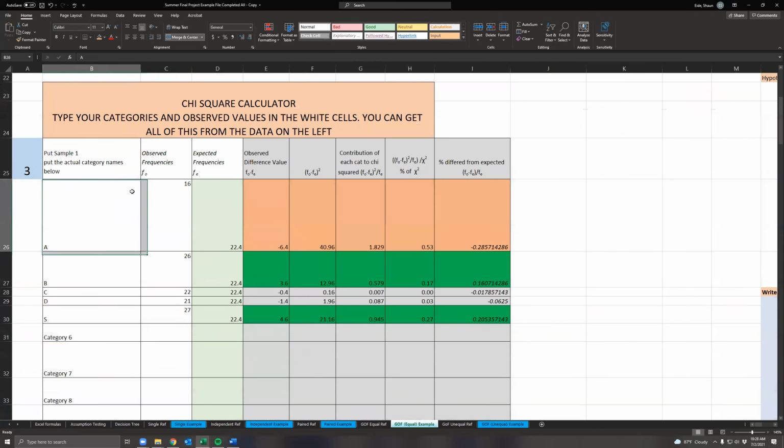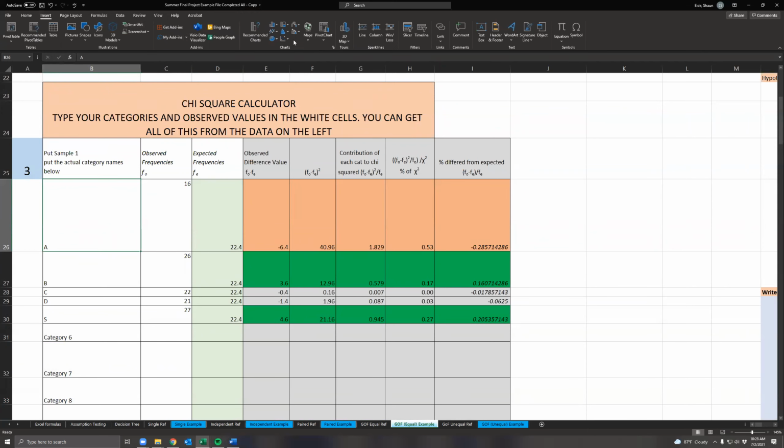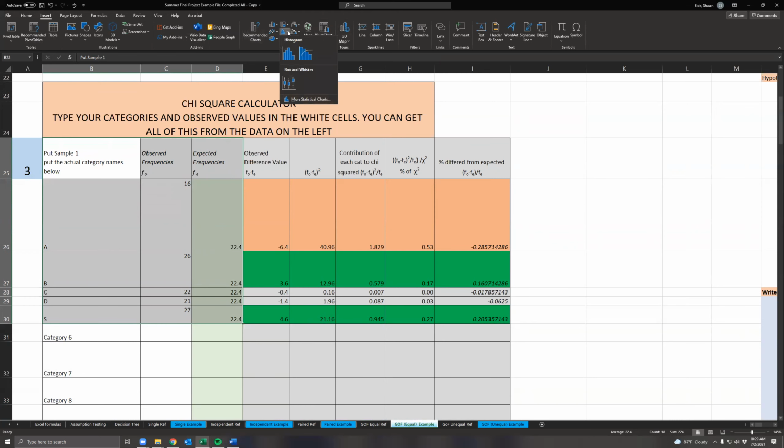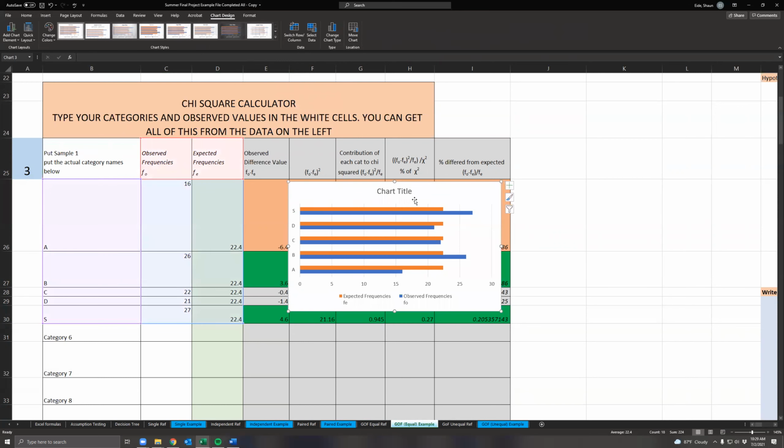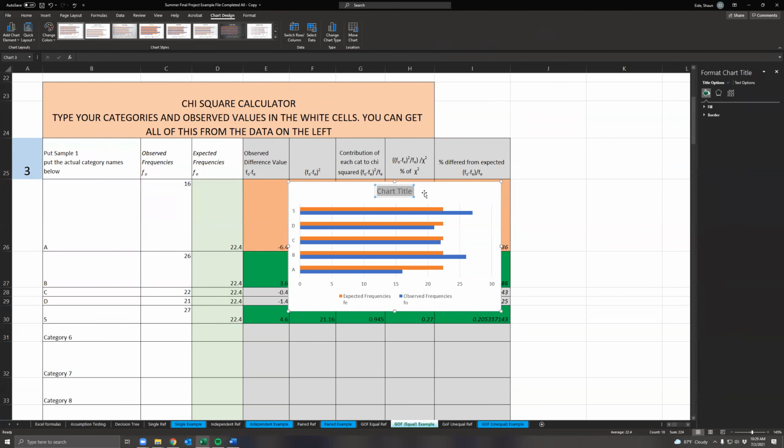Next, what we're going to do is delete this. Let's bring this over here, and we're going to insert. Highlight what it is that you want. So insert, and then I am going to do this bar chart right here, frequencies of cars by class.